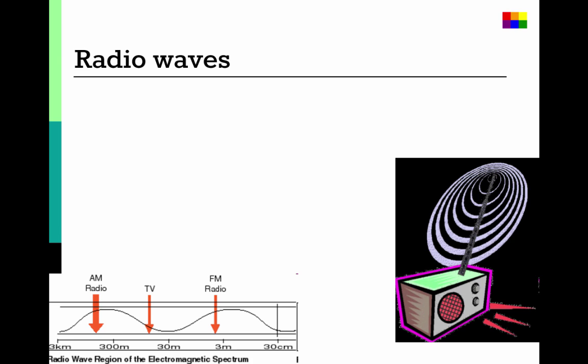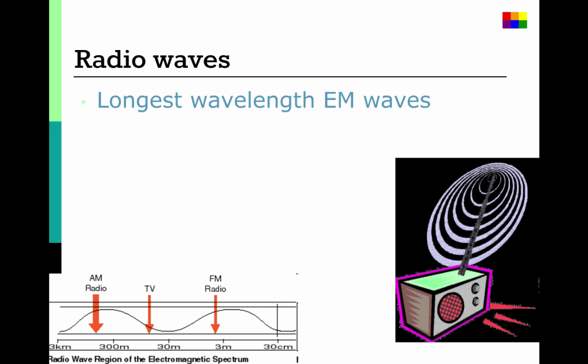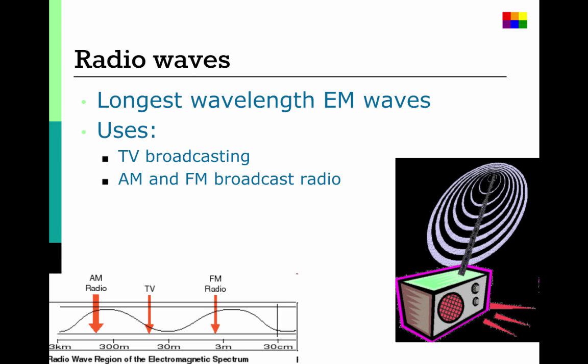So let's look individually at each wavelength in the electromagnetic spectrum. Radio waves have the longest wavelength in the electromagnetic waves. Uses for radio waves are television broadcasting, AM and FM broadcast radio, avalanche beacons, and heart rate monitors.